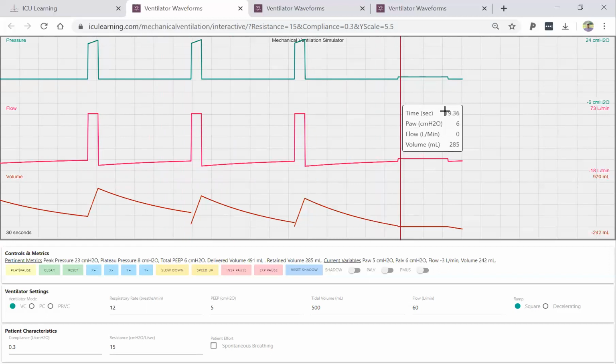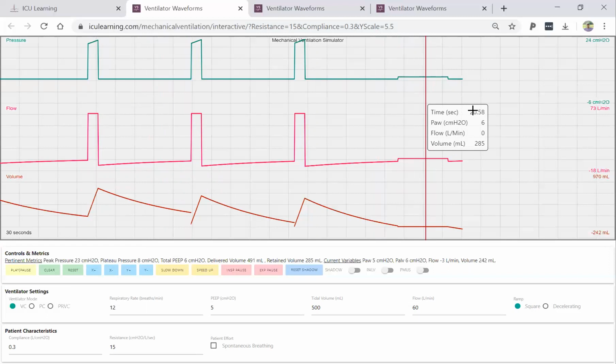And then third, by doing an end expiratory pause and calculating the total PEEP. Please note that for the expiratory pause to work, the patient has to be relaxed without intrinsic respiratory effort. Otherwise, the measurement is not going to be accurate.